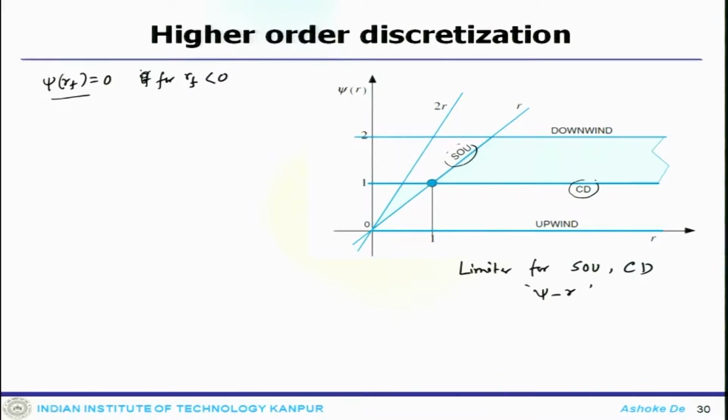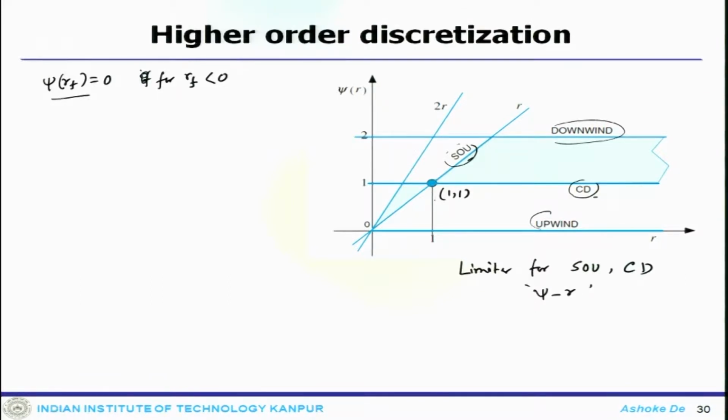Now, both the second order upwind and CD are by nature second order accurate schemes, and one can see clearly that they pass through the point 1, 1. Neither the downwind scheme nor the upwind scheme passes through this point.